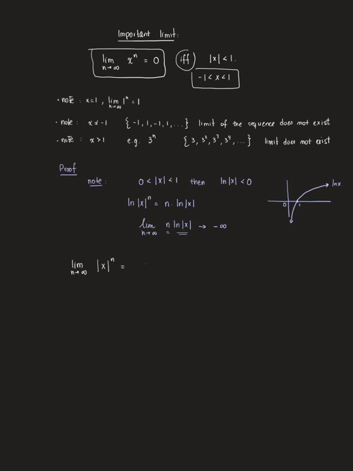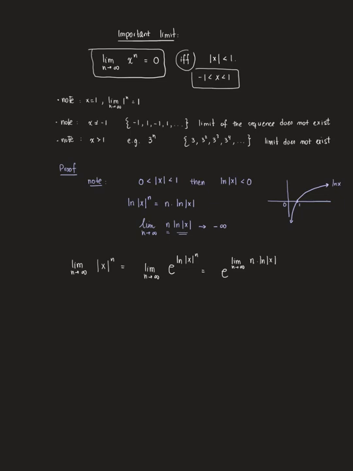We can write this as the limit as n approaches infinity of e to the natural log of absolute value of x to the n, because composing e and natural log undo each other. And because e is a continuous function, I can move the limit to the exponent and write this as n times natural log of absolute value of x using a property of logarithms.